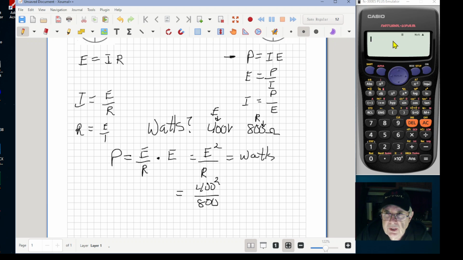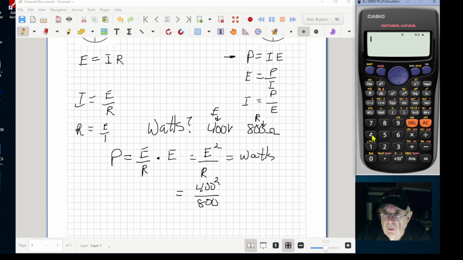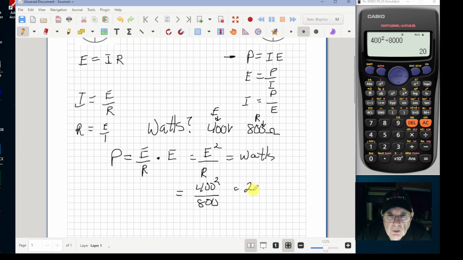They'll give you one, or you'll be allowed to bring one in. Okay, so let's just enter that in. We got 400 squared, and this is divided by 800, equal, and this says I get 20 watts of power.